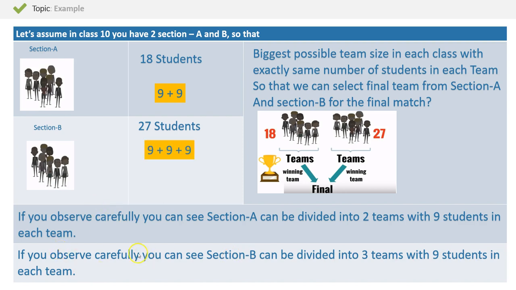So a careful observation between section A and section B helps you understand you can have 2 teams in section A with 9 students in a team, and you can have 3 teams in section B with 9 students in each team. And hence the answer is 9 students per team.